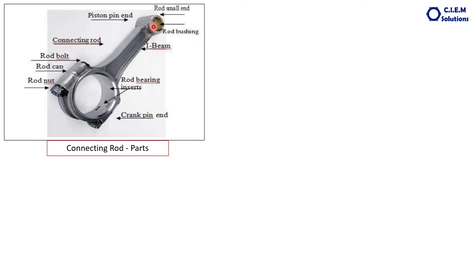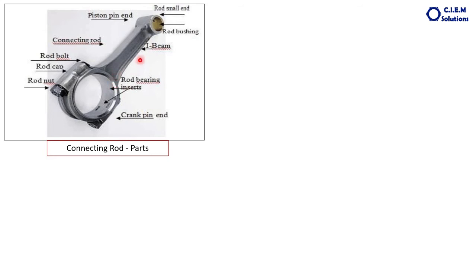The small end is connected to the piston and the big end is connected to the crankshaft, the crank journal. So it moves along with the piston up and down simultaneously. It converts the reciprocating motion into the rotary motion along with the crankshaft.